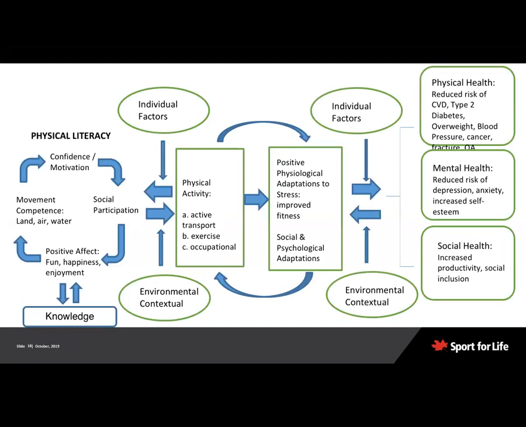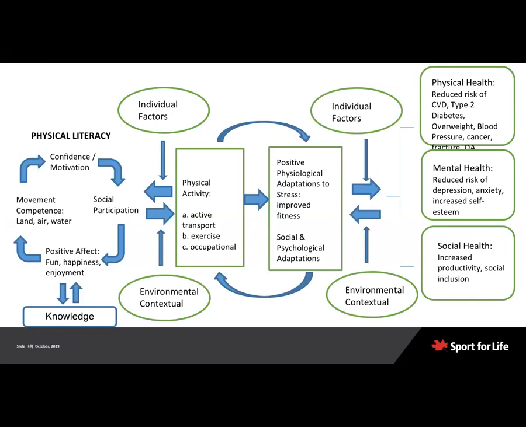So with physical health, we know with activity that we have a greater positive effect on things like type 2 diabetes and overweightedness and blood pressure and so on. We know in mental health, we reduce the risk of depression, anxiety, increase self-esteem. And with social health, we increase productivity and social inclusion.